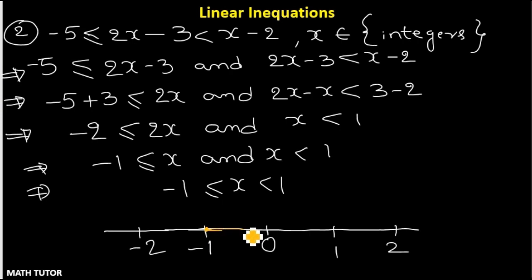I will start at minus 1, 0, and here I cannot go till 1. If you remember the last example also, it is not equal to 1, it is less than. So I have to stop before 1, and this is how we are going to represent this inequation on the number line. I hope you understood.